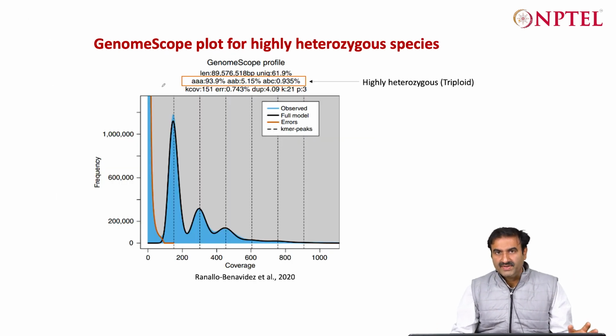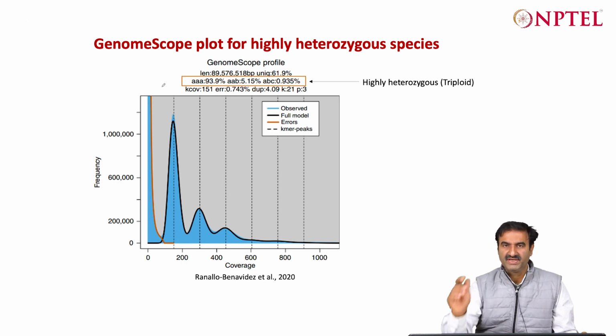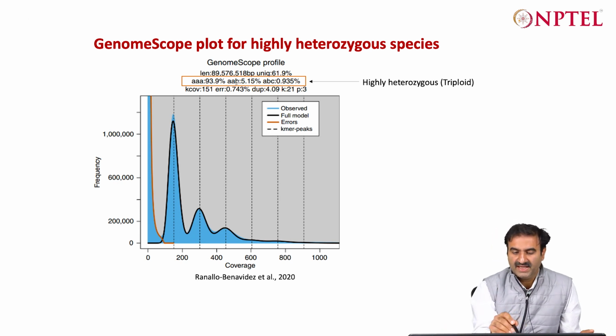So now, another plot I am showing where there were 3 alleles like AAA, AAB and ABC. AAB and ABC are 2 heterozygous alleles, and a combination of the two, 5.15 plus 0.935, will give you an idea of the total heterozygosity, and there are 3 peaks here.